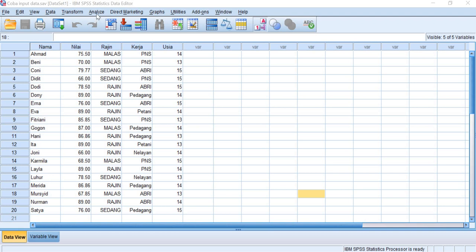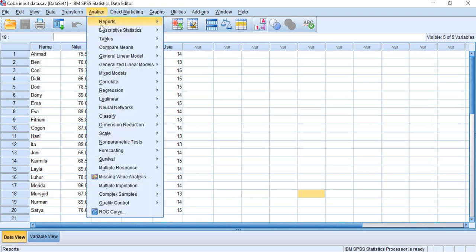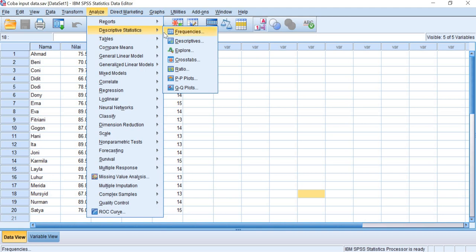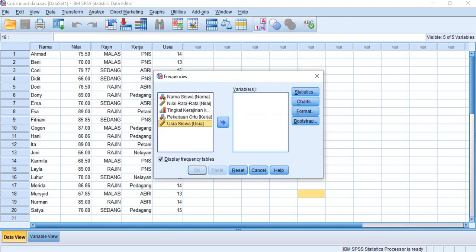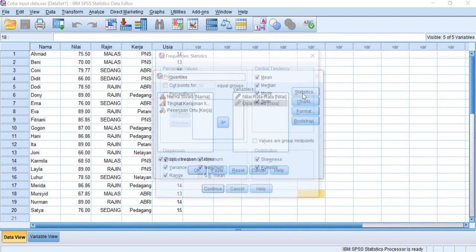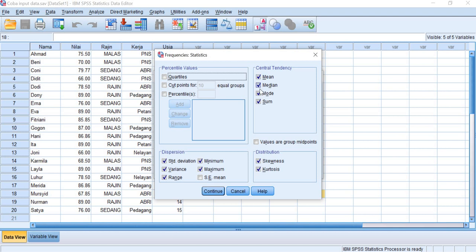First of all, we click Analyze, Descriptive Statistics, and Frequencies. There will be 5 variables. We click the ratio data, which are the score and the age, and click Statistics, and we can choose the central tendency. You can click all of them, or only choose the ones you want to show.